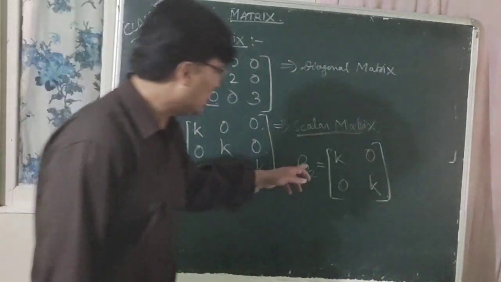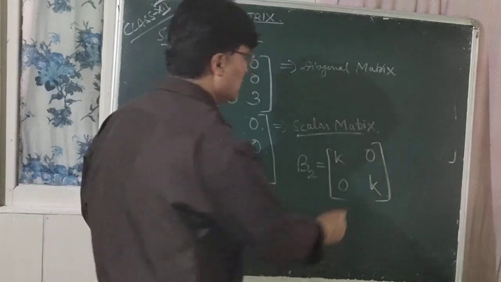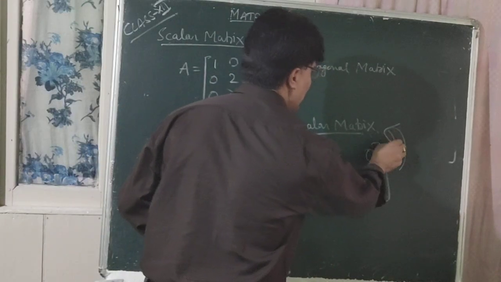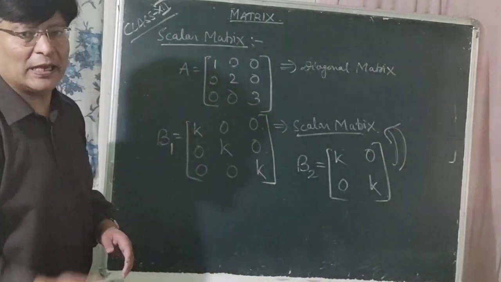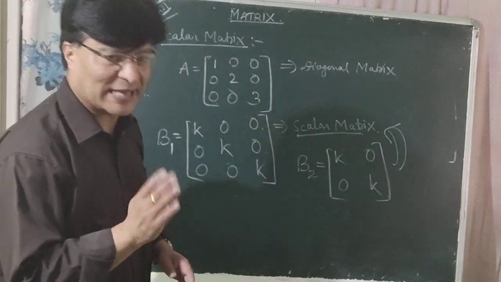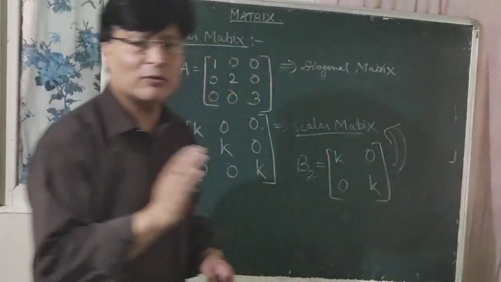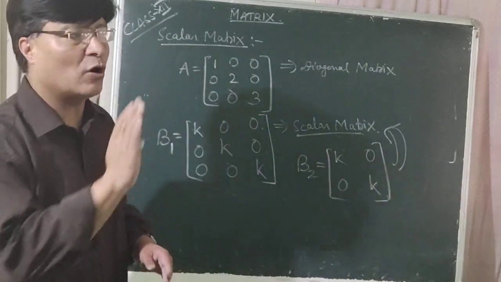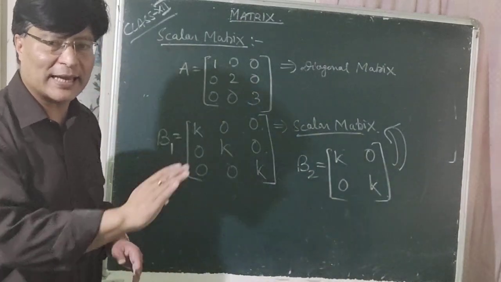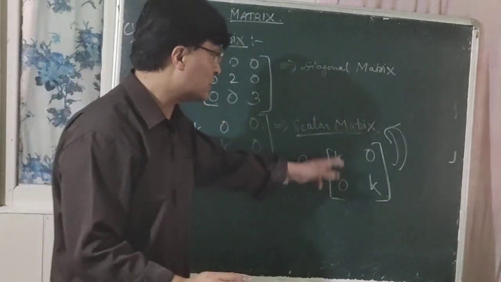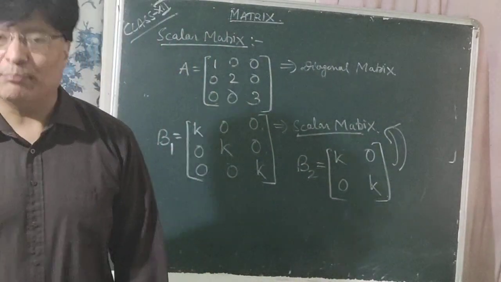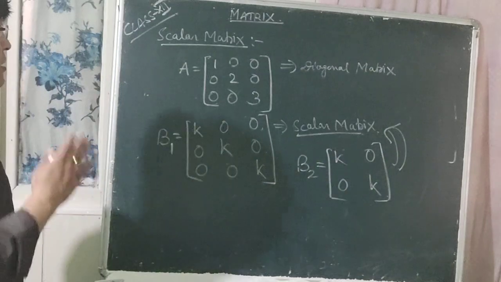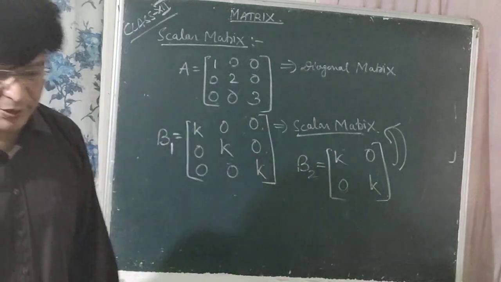So B2 is also known as a scalar matrix. If in a diagonal matrix the elements in the leading diagonal are all the same, then that matrix is known as a scalar matrix. So these are all about your scalar matrix.